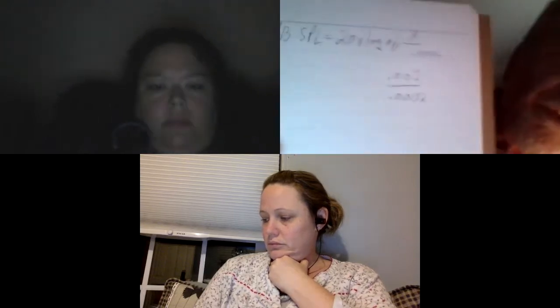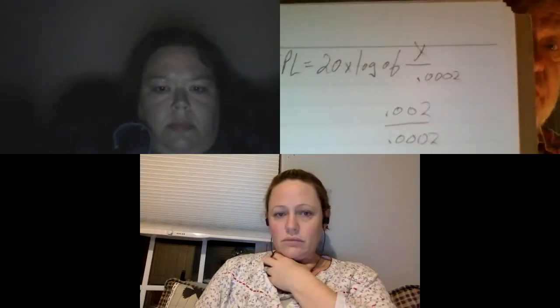So what if you had a pressure of 0.002? Not 0.0002, but 0.002. What's that dB SPL? First you do the fraction: 0.002 divided by 0.0002. So I'll write it down here. If you did the division, you'd end up with 10.